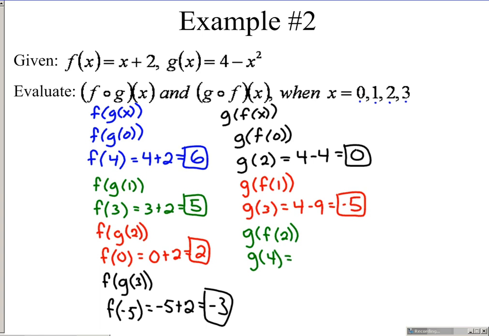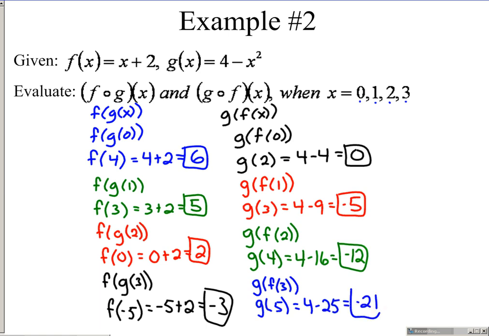Plug 4 now into our g function. 4 minus 16, it's -12. And finally, g of f of 3. F of 3, 3 plus 2 is 5. G of 5, 4 minus 25 is -21.